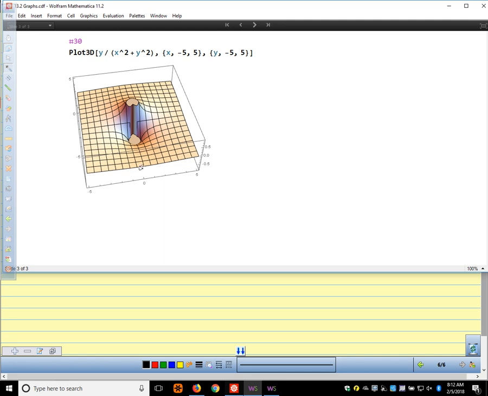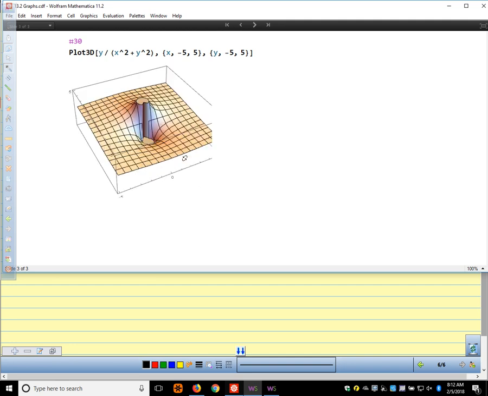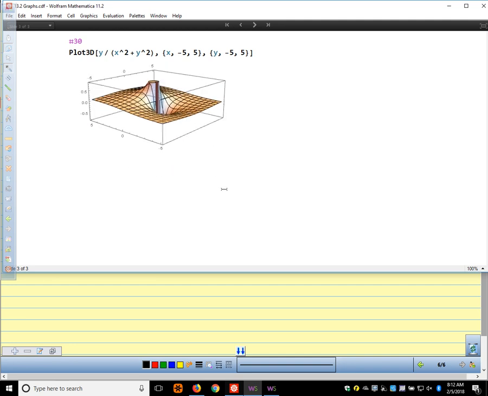But if I walk along here, I'm going way, way down to negative infinity, and along here I go way, way up to positive infinity. So we get this limit that doesn't exist. Even though we have a limit along this path, we don't have a limit along the other path.